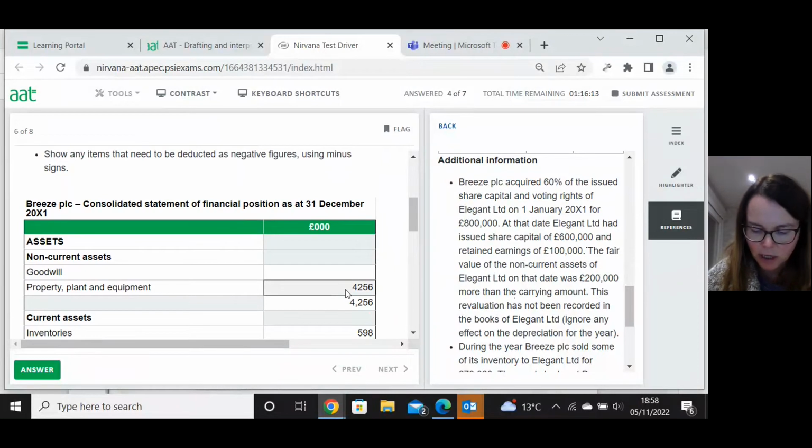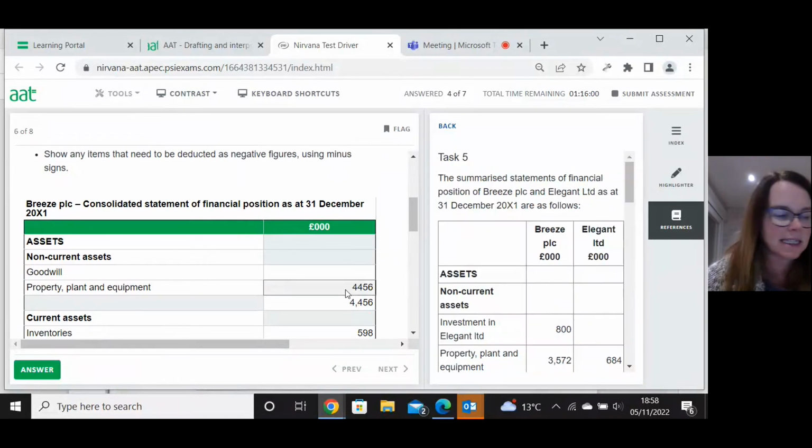So if I add 200 on here, there should be 4456, not 4256. So if I backspace there, it lets me change that number to 4456. Right, so what I've done there is I've effectively debited my property, plant and equipment.